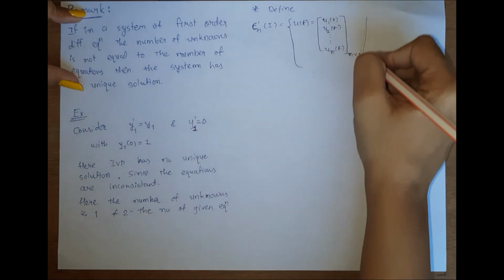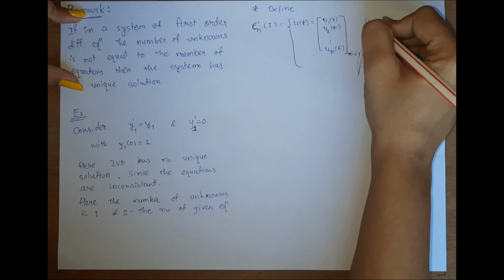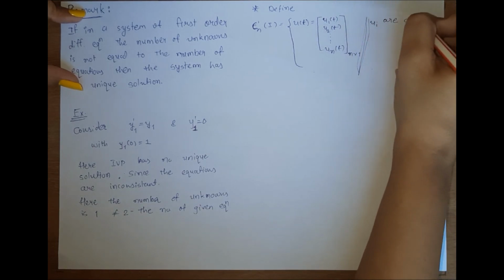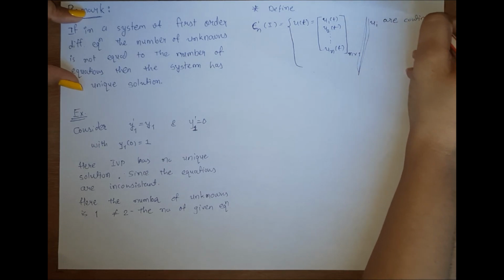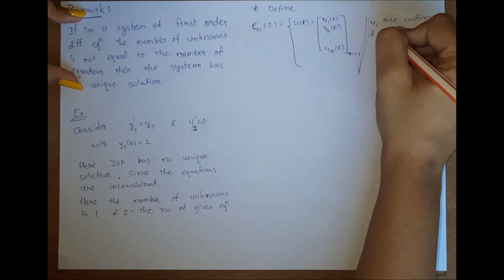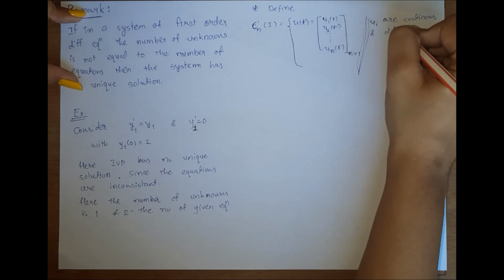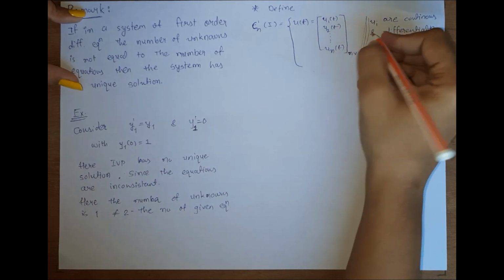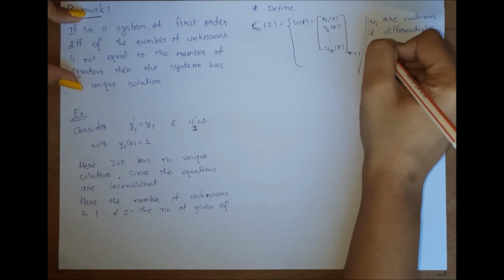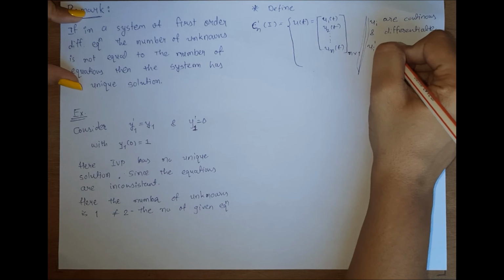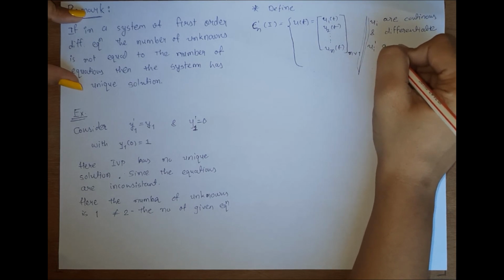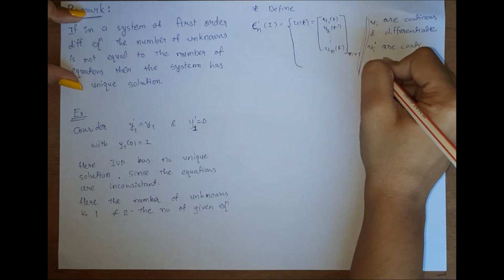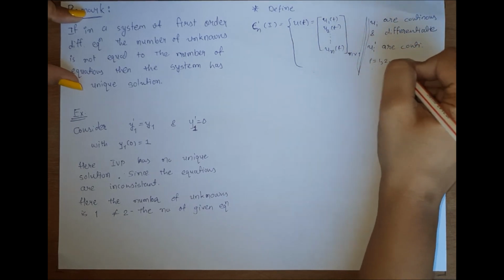And here all the ui are continuous and differentiable, and also all the ui dash are continuous for i equal to 1, 2 up to n.